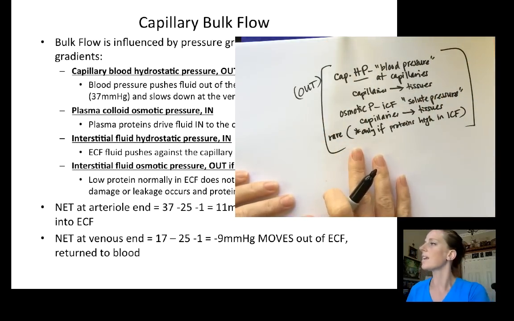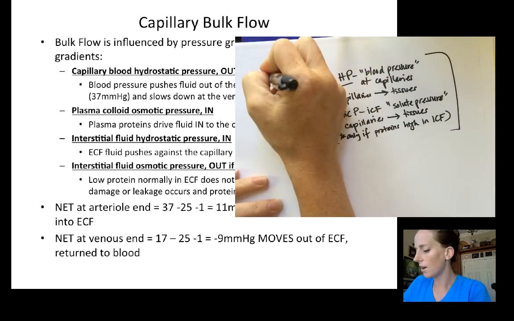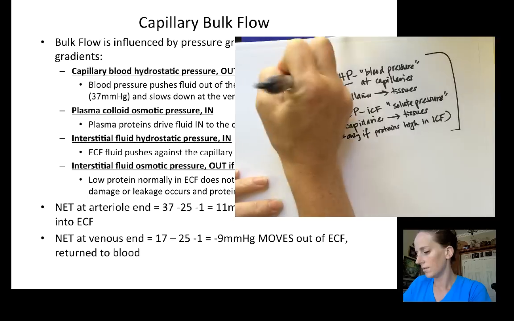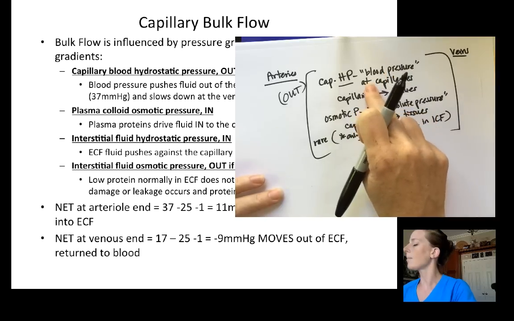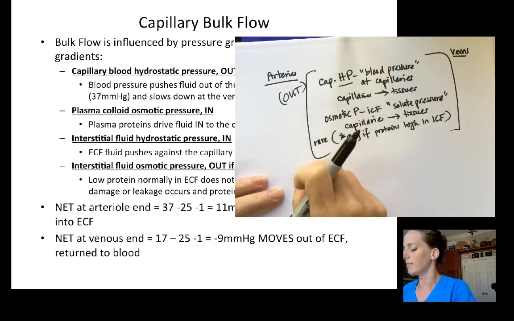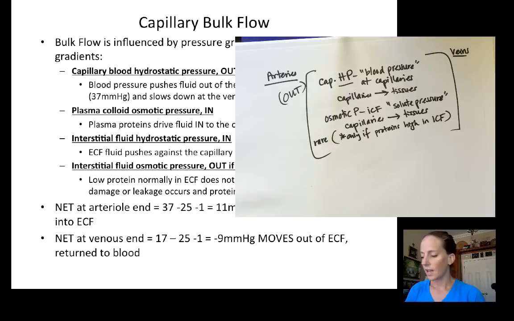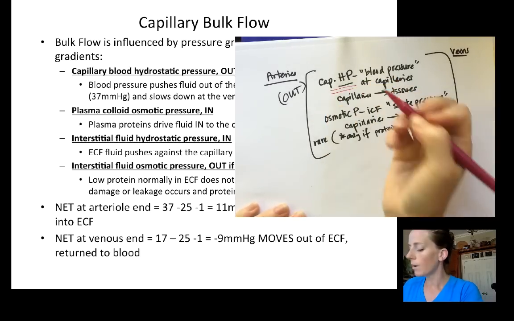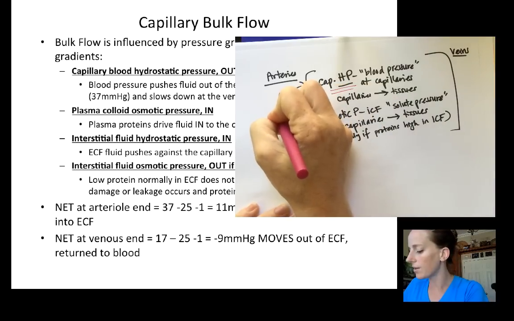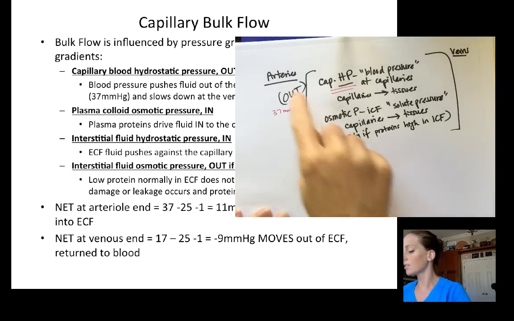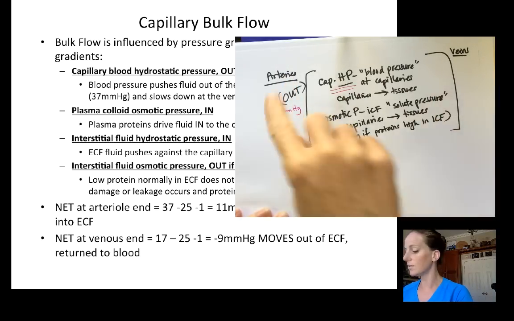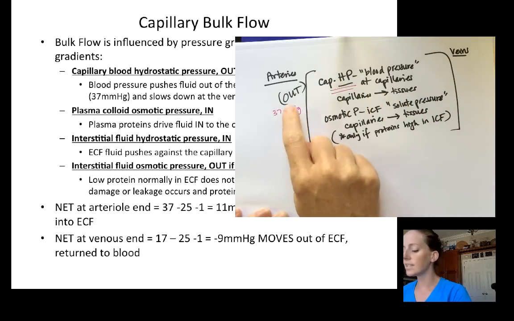At the arterial end versus the venous end, we're going to have different blood pressure in the capillaries. At the arterial end of the capillary, we're going to have a blood pressure that is approximately 37 millimeters of mercury. If you go back to the very beginning of the lecture where we looked at the blood pressure in each of the vessels, that graph that traced everything, you'll see that it's about 30 to 40 or so by the time you get down to the arterioles and the capillaries.